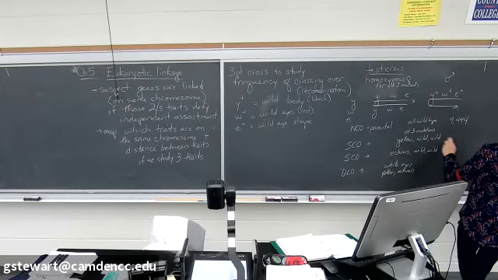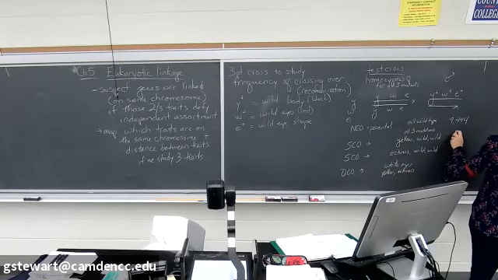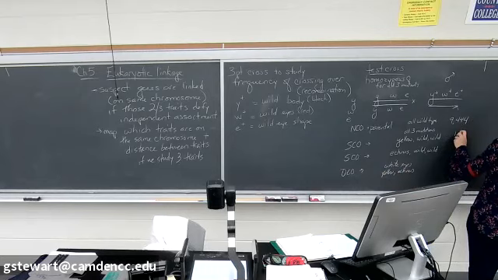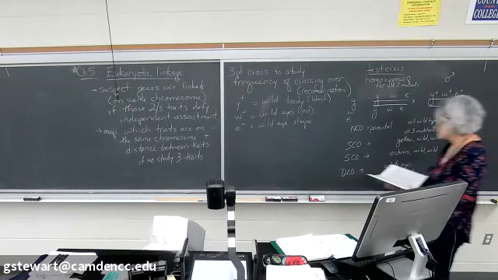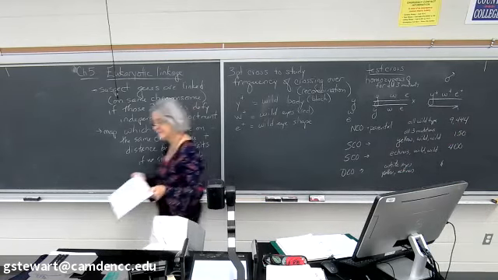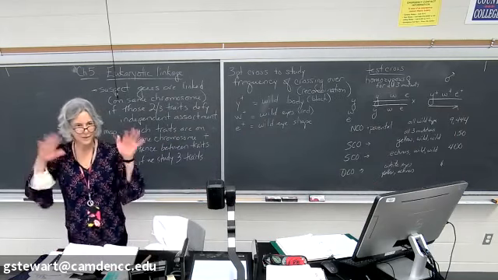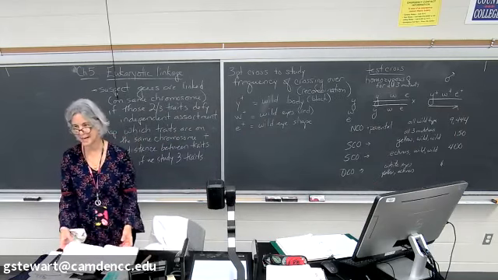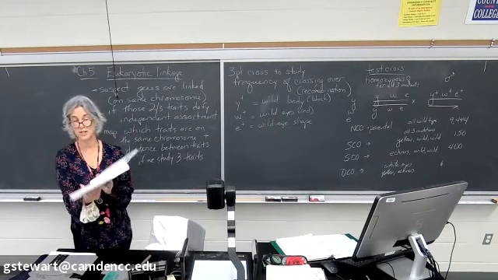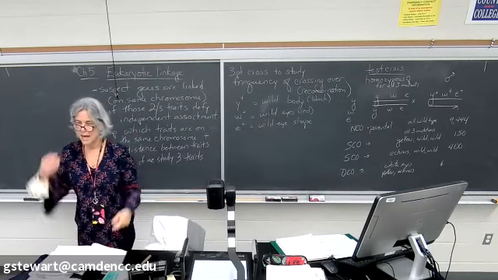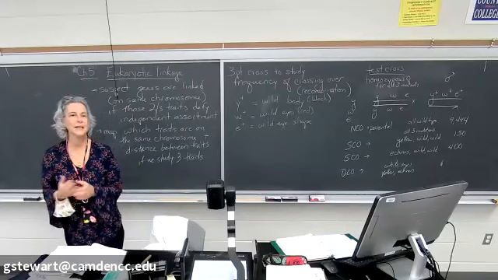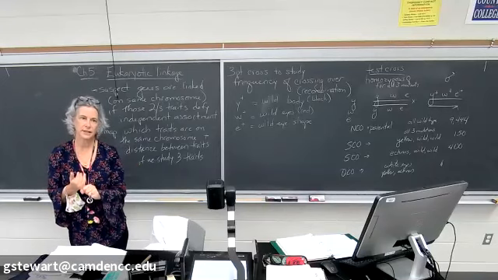Let me just put the numbers next to these. So the total for these guys is 150. The total for these guys is 400, and the total for these guys is 6. So the data set has to be given to you in a relatively similar manner, right? And I'm copying this out of your book on page 103. What I mean by that is they have to give you the characteristics.